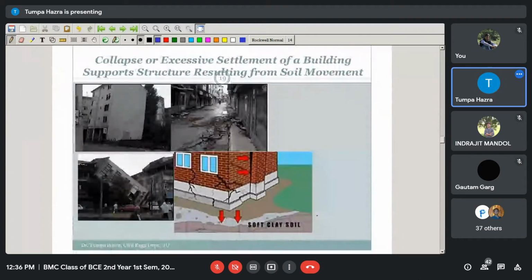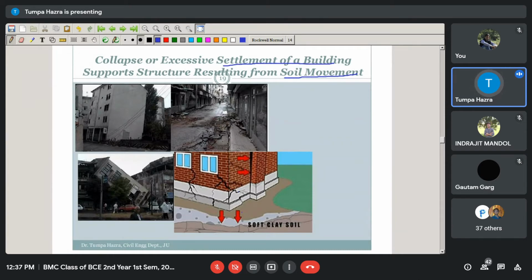Now here you can see that due to the excessive settlement of the soil, the building collapses.